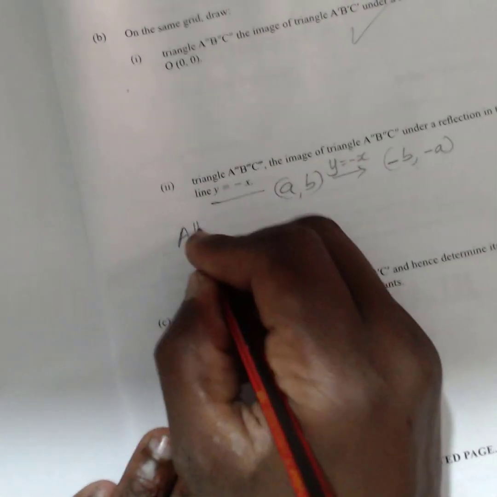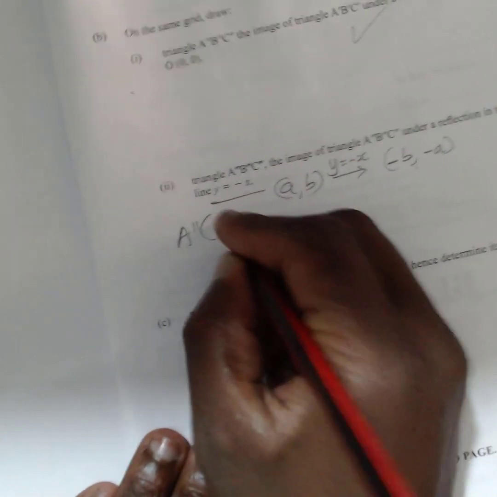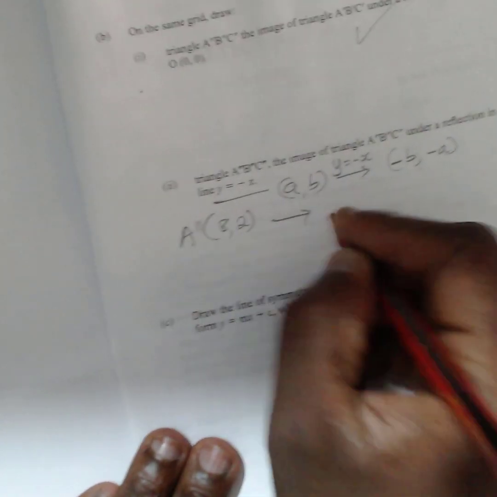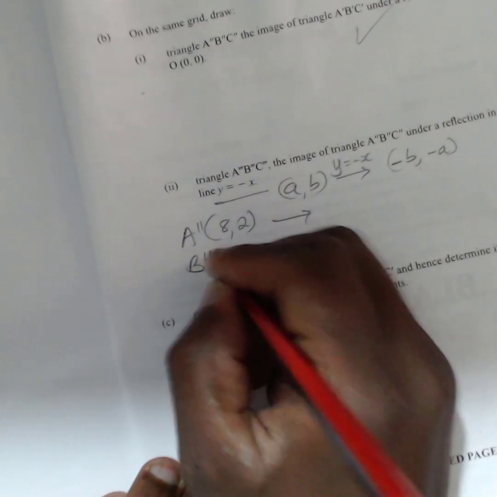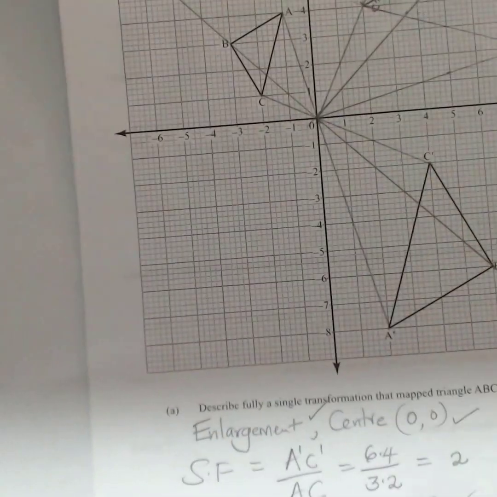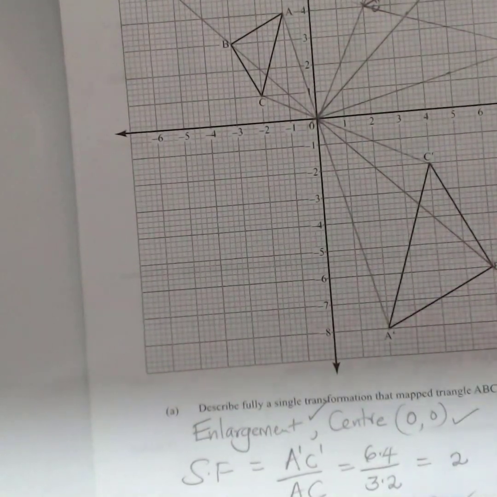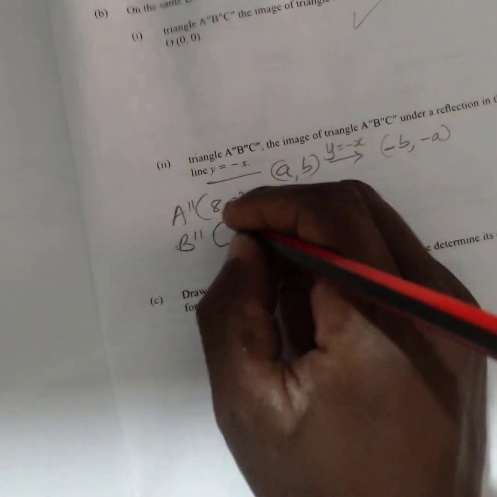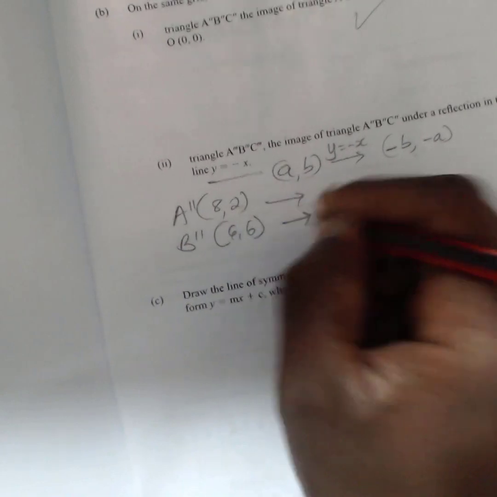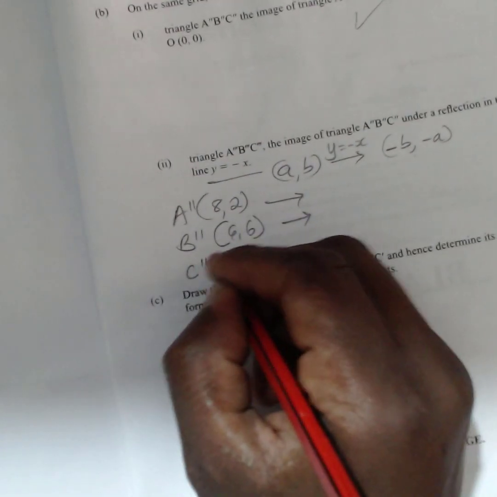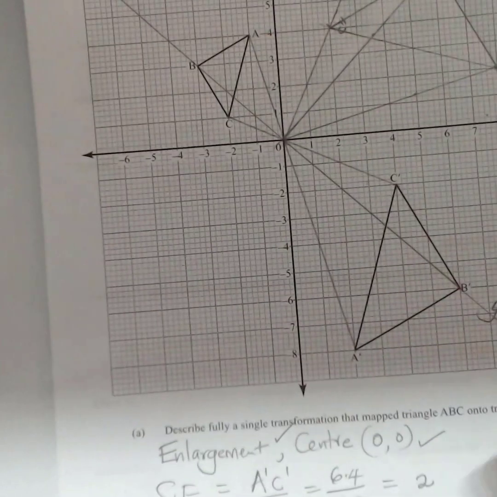B double prime is (6, 6). And then C double prime is (2, 4).